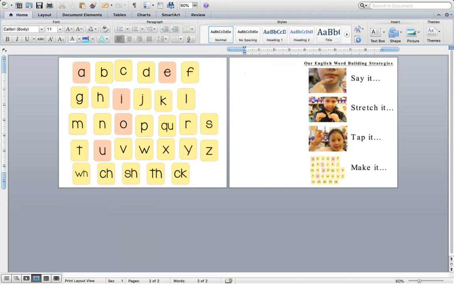Okay, the next word we're going to make is the word wax. Everybody say wax. Let's stretch it. Wax. Let's stretch it again for that vowel. Apple, apple, ax. Let's tap it out.